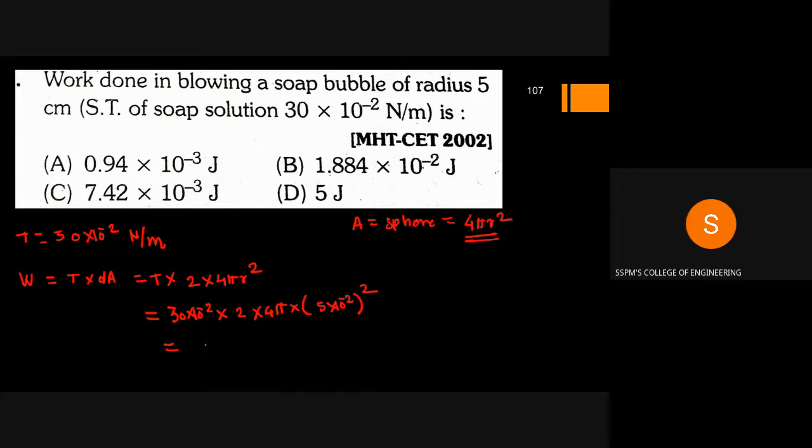If we solve this, this is 240 into pi into 10 to the power minus 2 into 25 × 10 to the power minus 4.